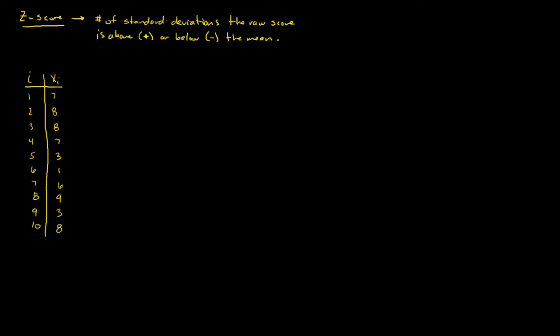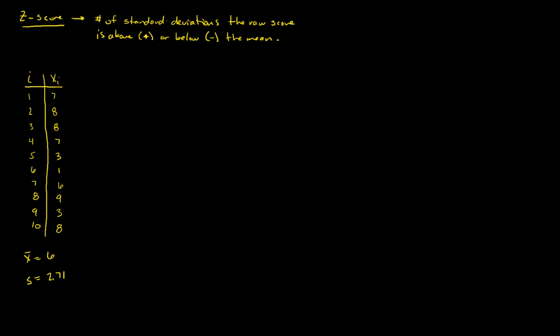So I've brought back the data set that we had used in some of our prior videos just to be consistent, where I is just our index of how many faculty members we looked at, and X sub I is the number of years of employment. If you remember from this particular data set, our mean was 6, and our standard deviation, denoted by S, was 2.71.